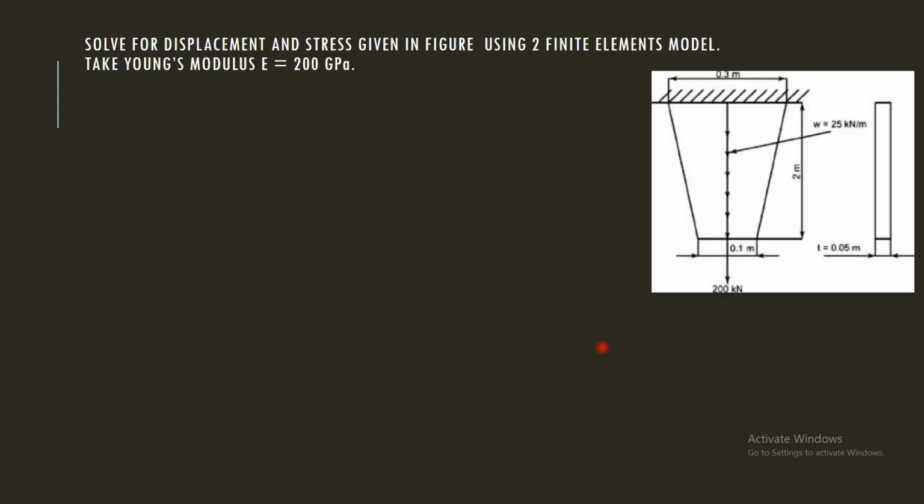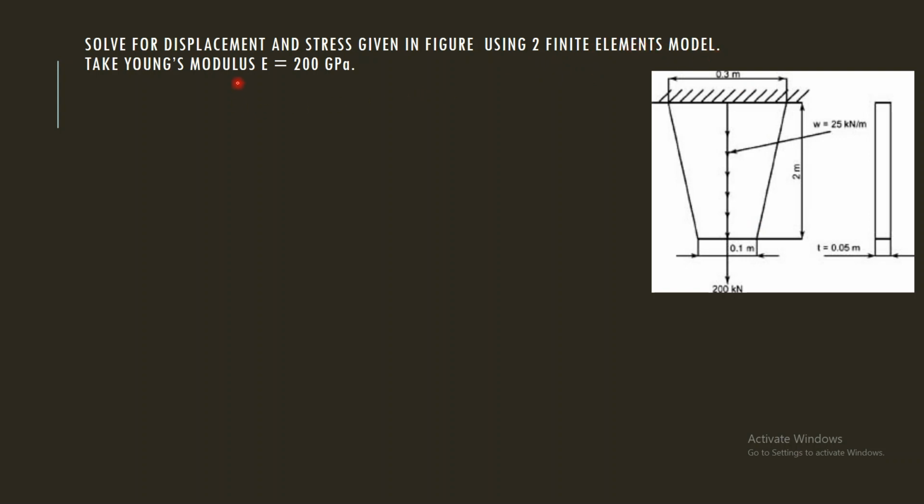So based on this, let us go for the problem. This is the actual problem where I need to calculate the displacement and stresses, where it is already defined that I should use two finite element models.